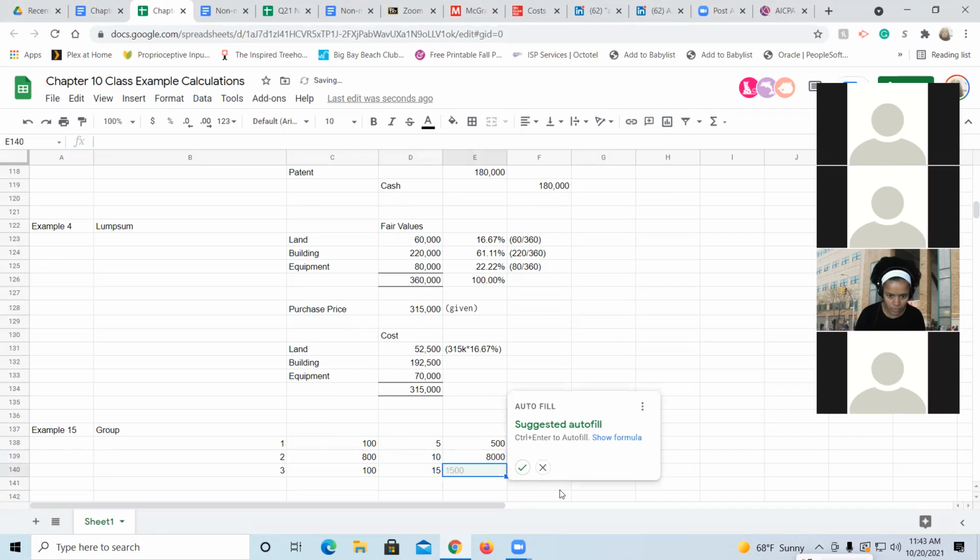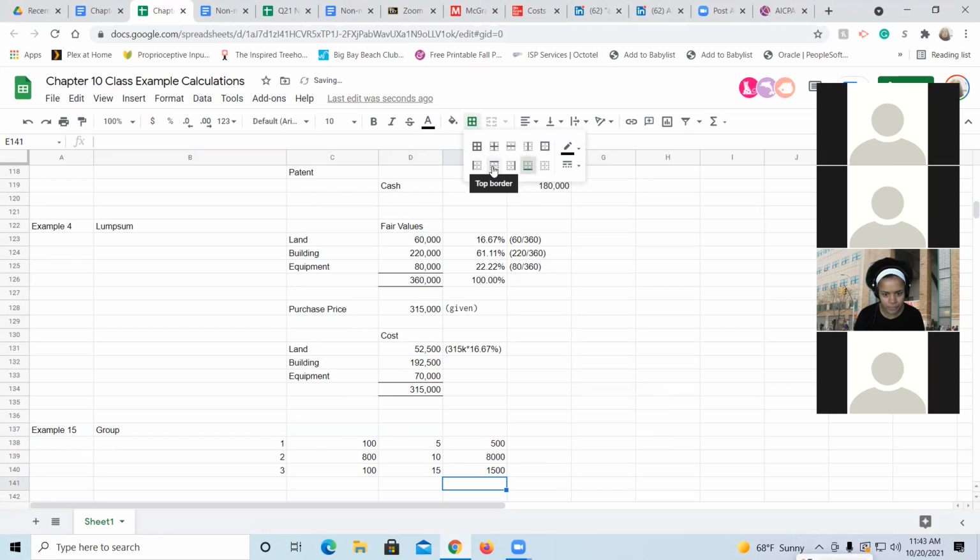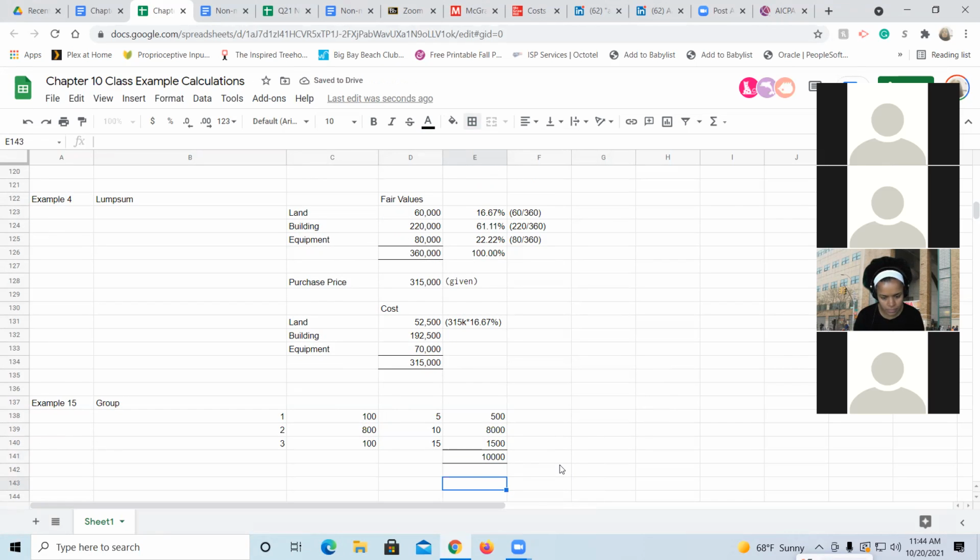Okay, I got you. And then you sum those up. Yes, then you added it together. Okay. Then cost allocation of group one is 8. Okay. Let me do the percentages. Then you did the percentages, right?